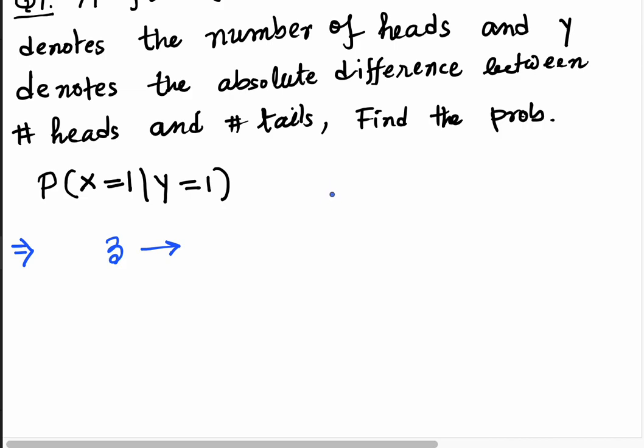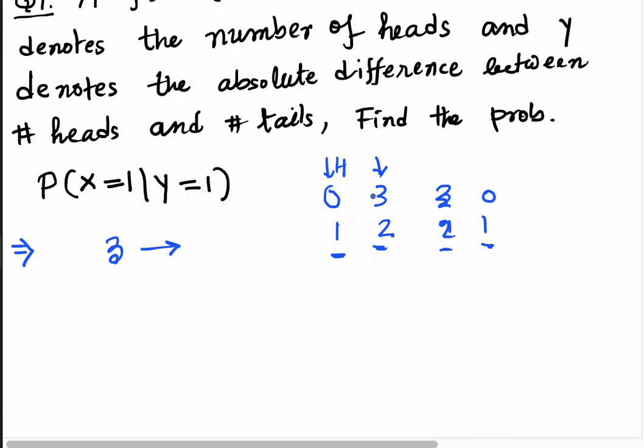So it may happen that 0 heads appear and 3 tails we get after the 3 tosses, or 3 heads 0 tails, 1 head 2 tails, or 2 heads 1 tail. Only these are possible.